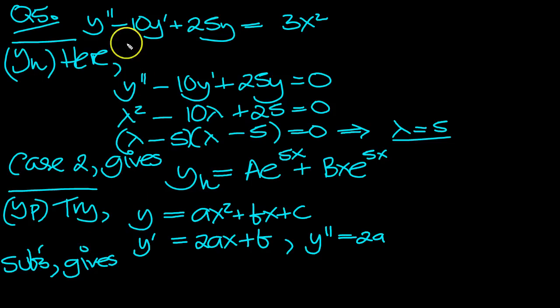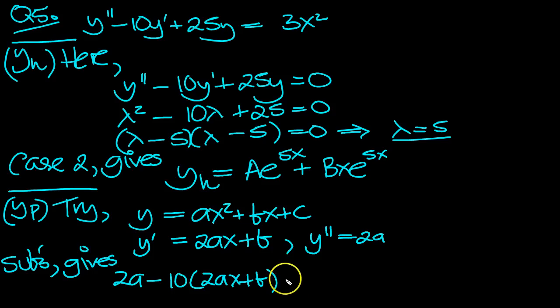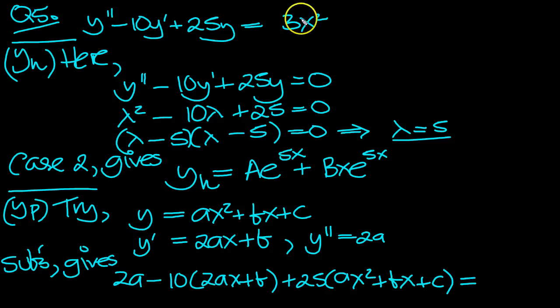So substitution: y double dashed, which is 2a, minus 10 of y dashed, 2ax plus b, and then plus 25y, there's y, ax squared plus bx plus c. And that all equals 3x squared, doesn't it?